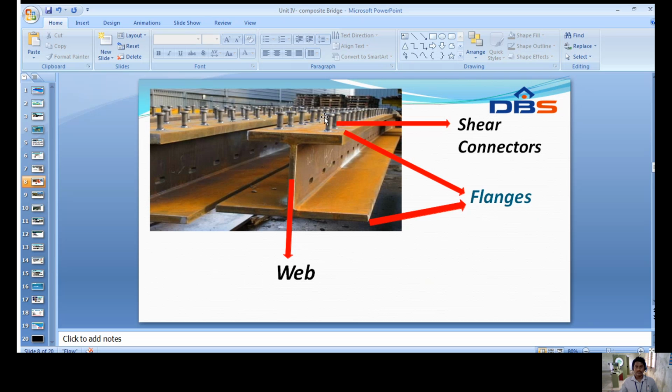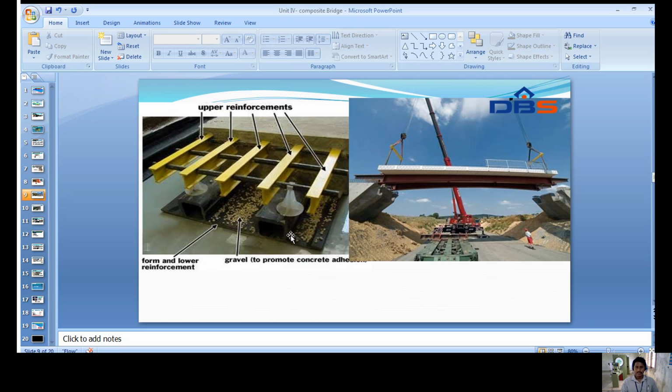It is connected to the deck, these are the flanges of the I section, and this is known as the web. It is designed so that the stresses are kept compact. This is the normal image of a composite deck bridge, with the upper reinforcement and lower reinforcement, gravel, concrete and the others.